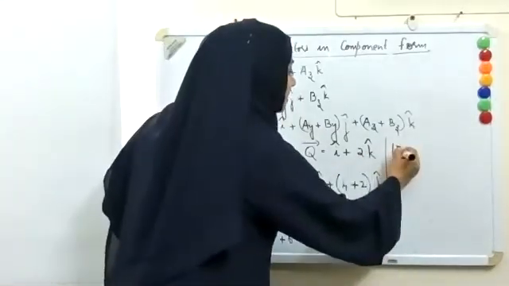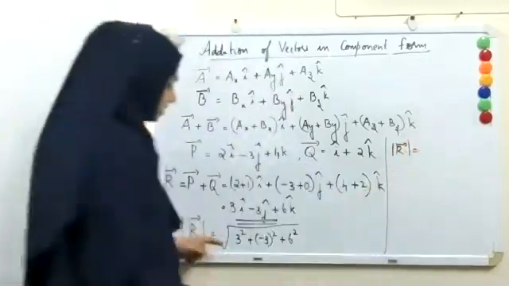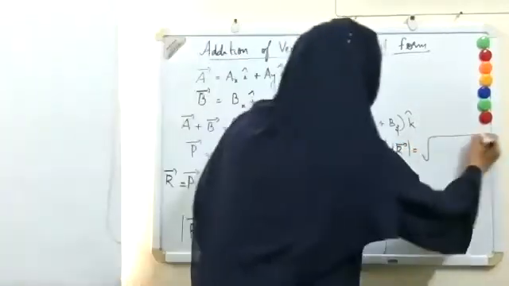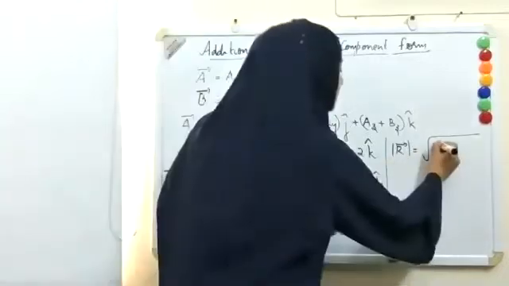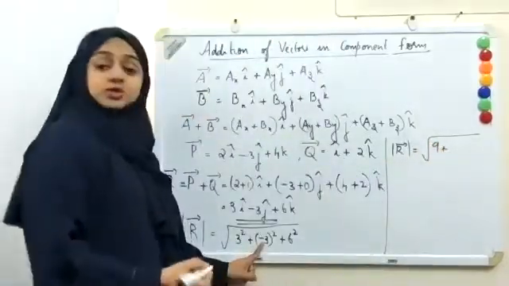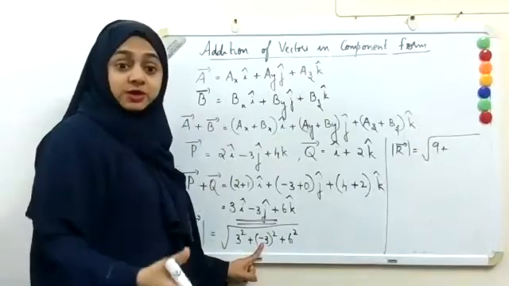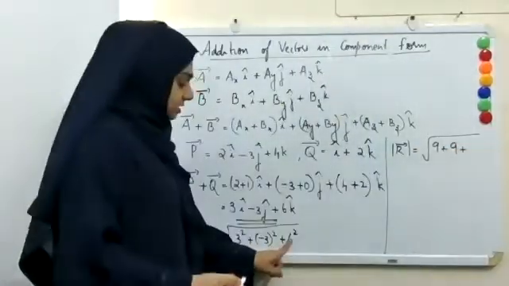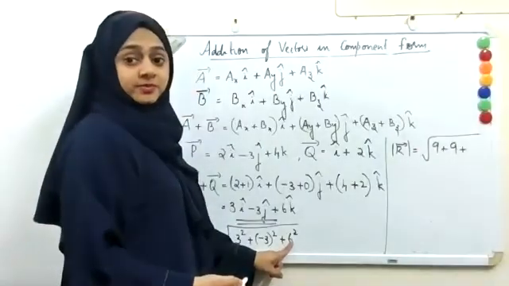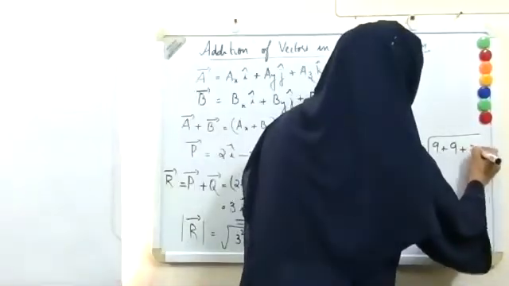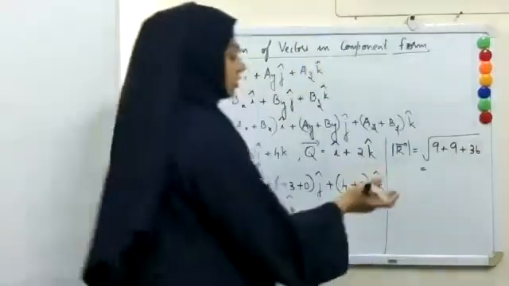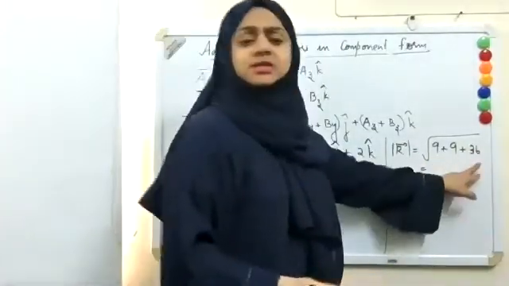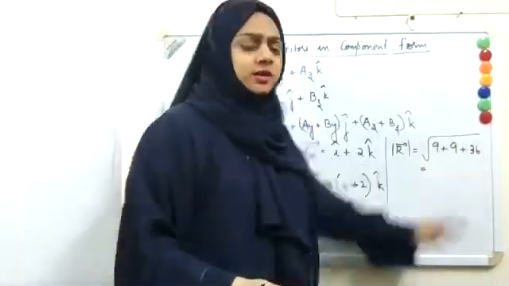So you will get the magnitude of the resultant as equal to root over 3 square is 9 plus minus 3 square is also 9, minus times minus will be plus, so plus 9, plus 6 square is 36. And you can add all of them. So 18 plus 36, can you add together and tell?